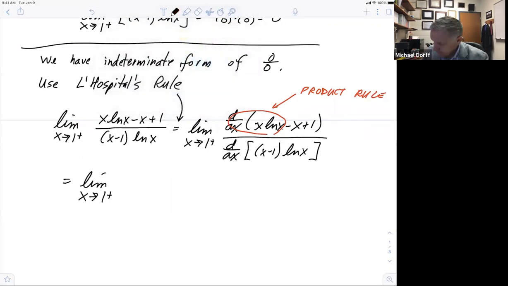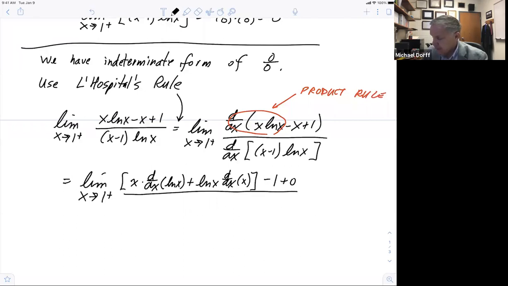So we're going to have the first times the derivative of the second plus the second times the derivative of the first. All right, minus, now we do the rest of it. So we have the derivative of negative x, which is minus 1, and plus the derivative of 1, which is 0.